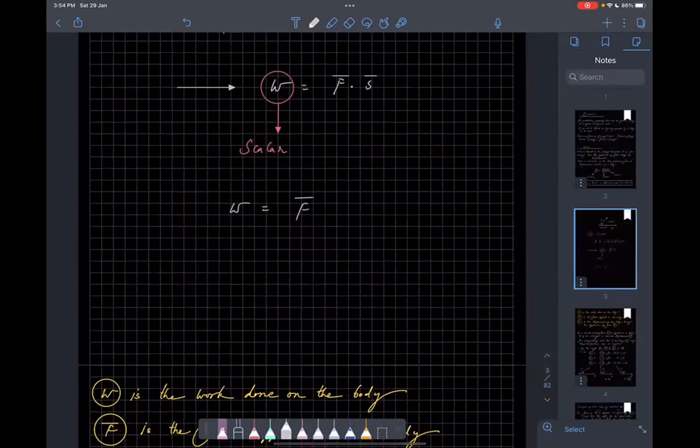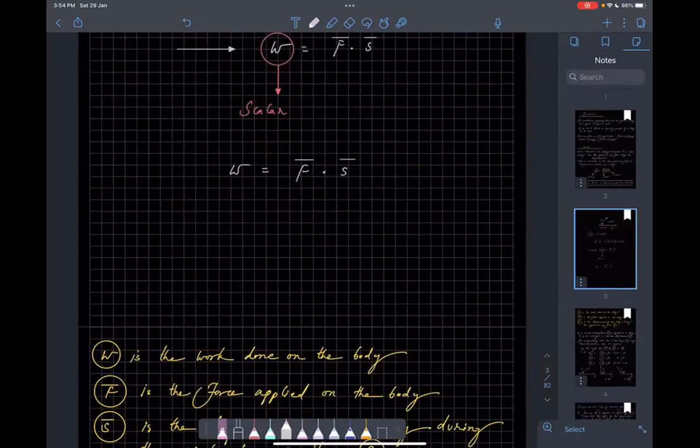F dot S is true only if this is a constant force. Force is a constant vector. That means the magnitude of force is not changing with time. So if this is a constant, that means its derivative should be equal to 0.